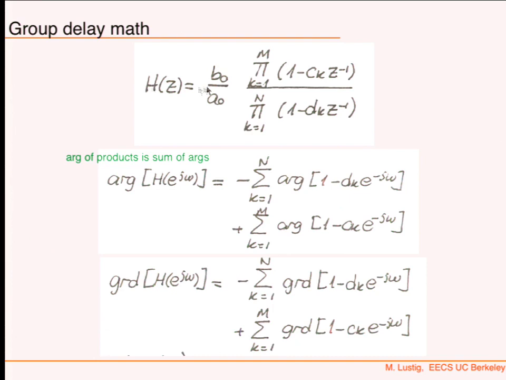Rational transfer functions. Basically, if you look, this is a polynomial whose roots are c_k, which are the zeros of the system. This is another polynomial whose roots are the poles of that system. And if you look at the phase of this argument, what you see is that the phase will add and subtract.